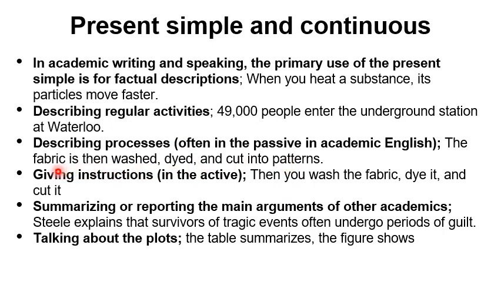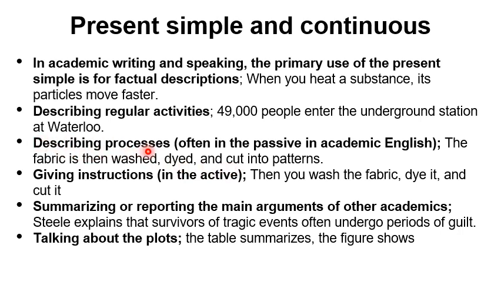The passive voice, as everyone knows, uses the verb be with the past participle of the verb. So washed is the past participle of wash, dyed is the past participle of dye, and cut is the past participle of cut.